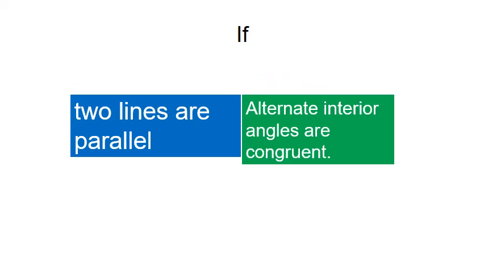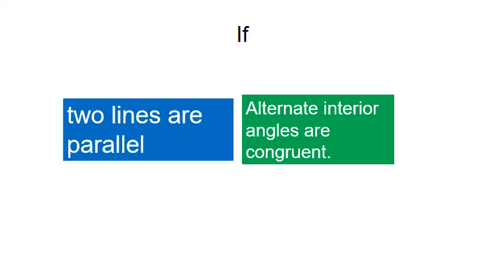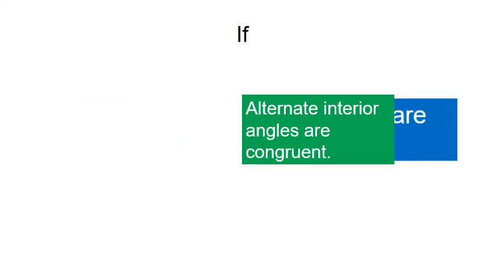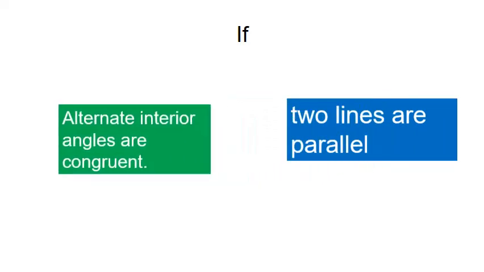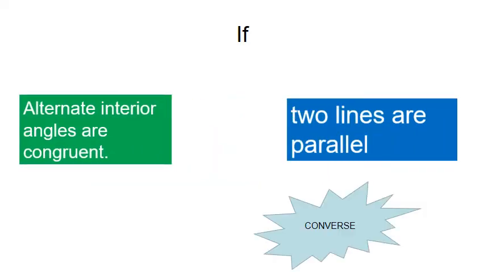We've had this statement, if two lines are parallel, then some sort of angles follow with congruency. Today, we're going to be doing the opposite. We just reverse the order and we call that the converse.